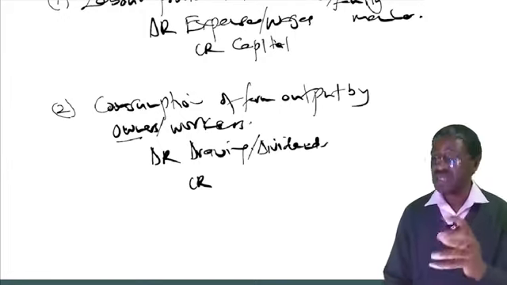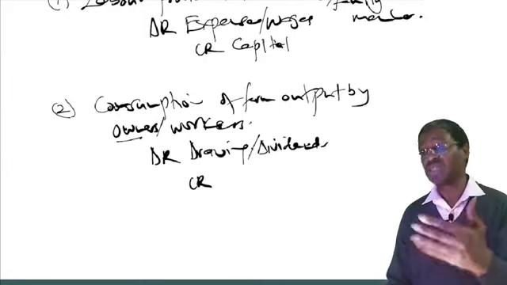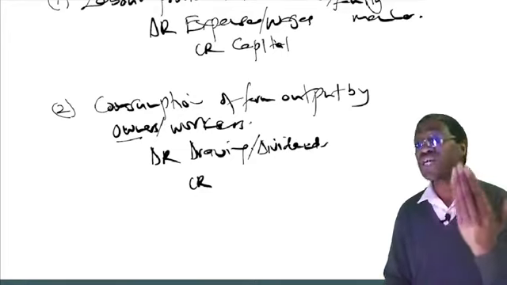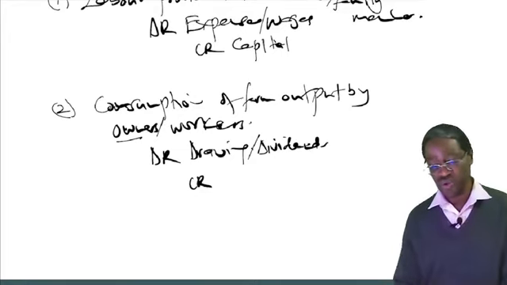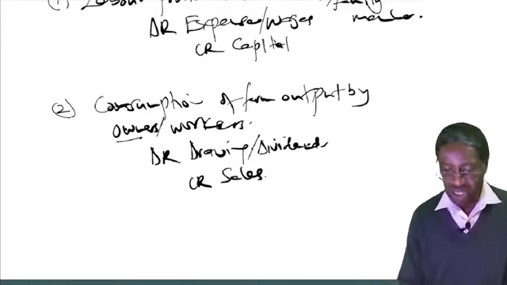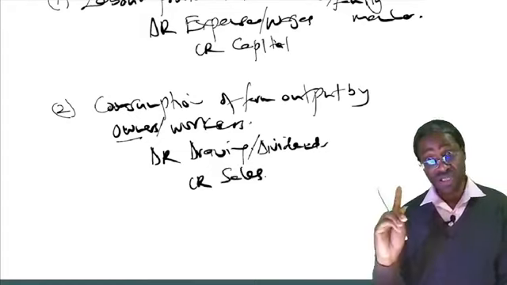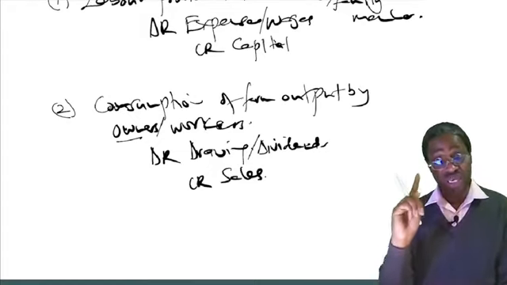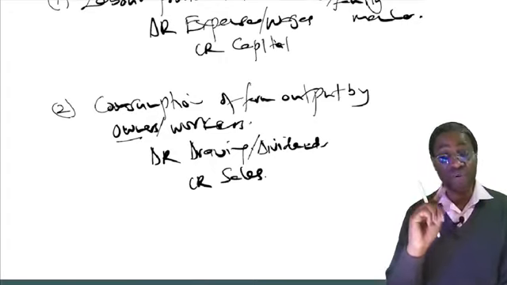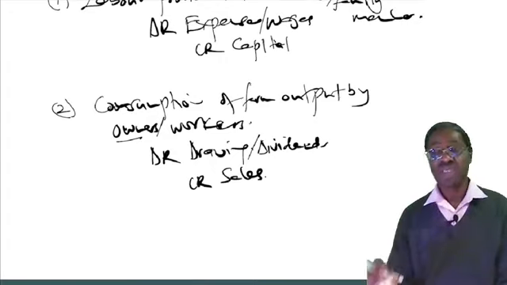Livestock will say, we are giving this owner this milk, but it's like we are selling it. So the livestock revenue account will take that amount as a sale.